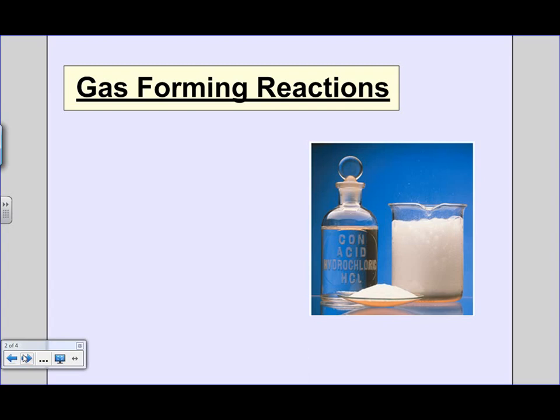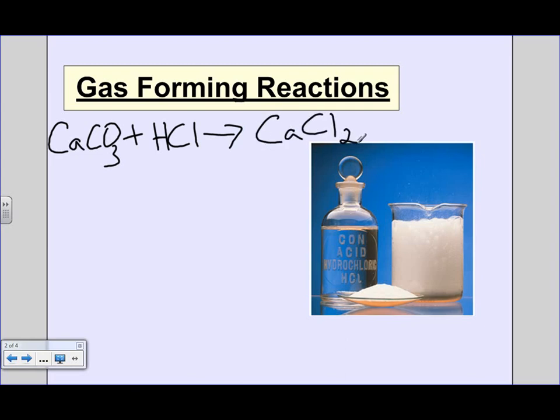So for example, if we were to take a carbonate like calcium carbonate, CaCO3, which is normally a solid, and add that to our hydrochloric acid, HCl, we would get calcium chloride as our salt in this case, and then we'd expect to get H2CO3, the carbonic acid, but it readily decomposes into water and carbon dioxide. So we get a liquid and a gas from this along with our soluble salt.